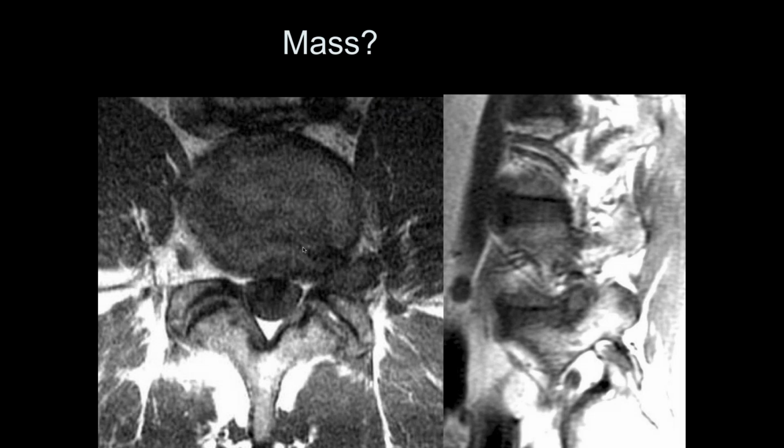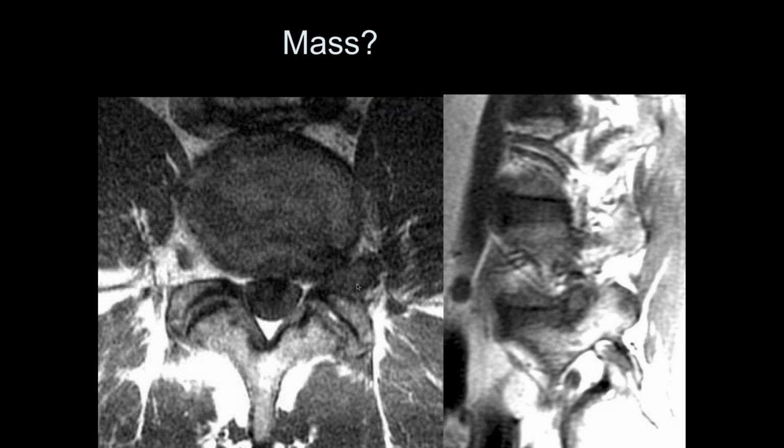It was a disc extrusion here, and this is a sequestered fragment, which is sitting down here on top of the pedicle, and it's compressing the nerve root, and it's in the foraminal zone. And here you can see the normal nerve root on the other side, and you can see this completely effaces the fat and compresses the nerve root here. And this was a sequestered extruded disc.